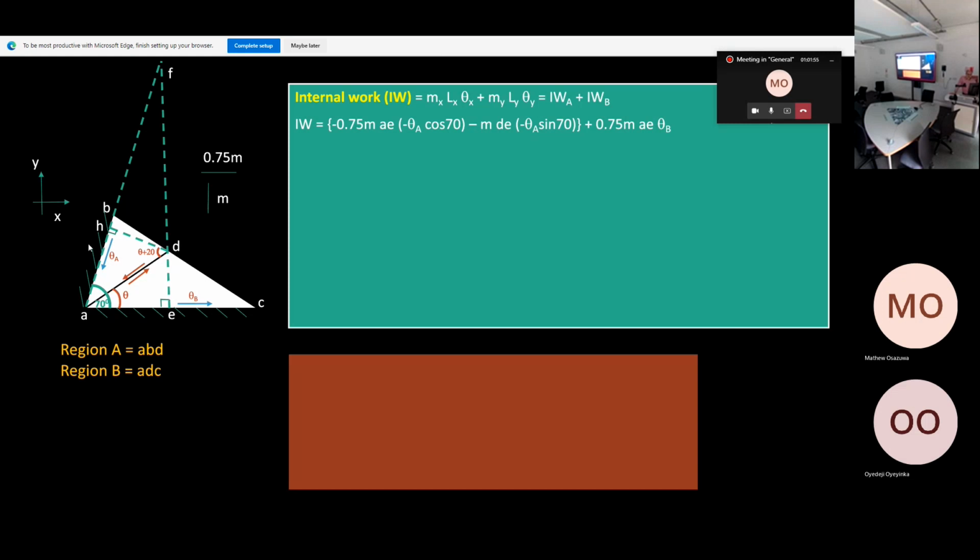Therefore, theta A cos 70 is the projection on the x-axis. How did you get that, sir? The angle is 70 here. Okay.